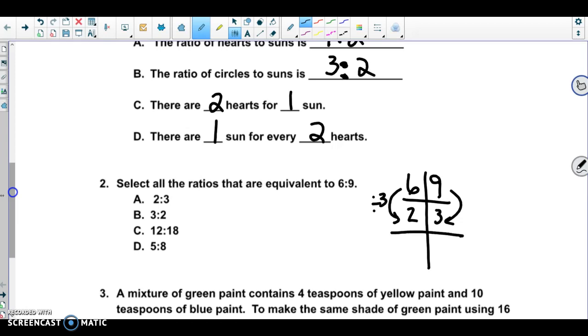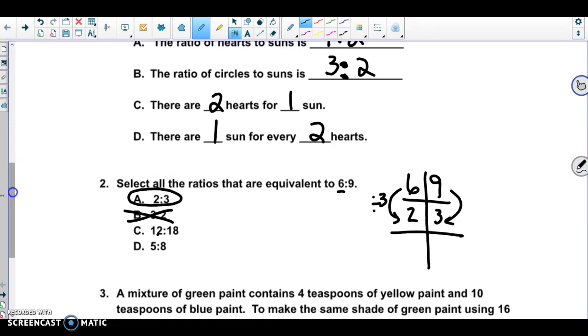Well, 2 to 3 is here, so that would be one that would work. 3 to 2, in order to get to 3 for the 6, I'd have to divide it by 2, but 9 divided by 2 does not give me 2, so that one is not going to work.